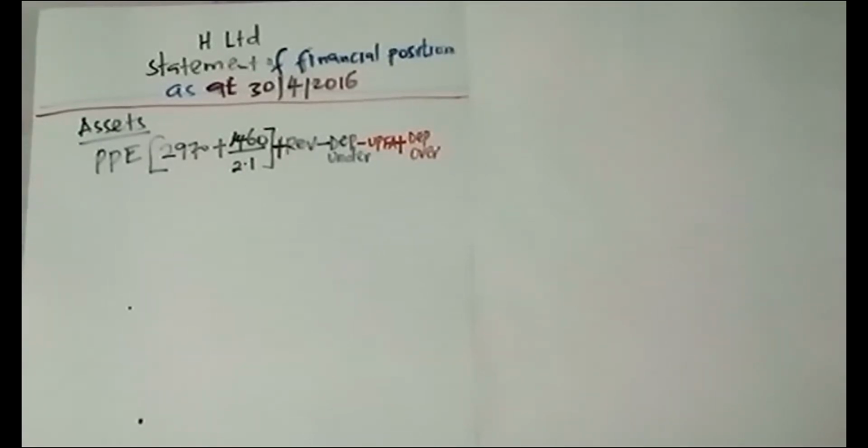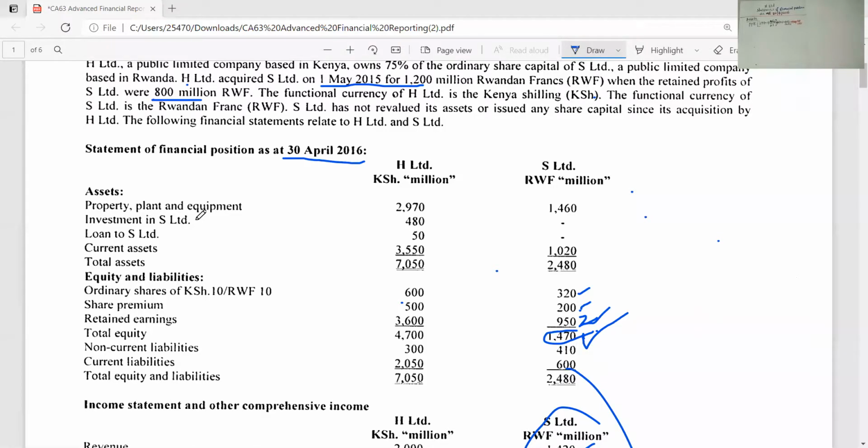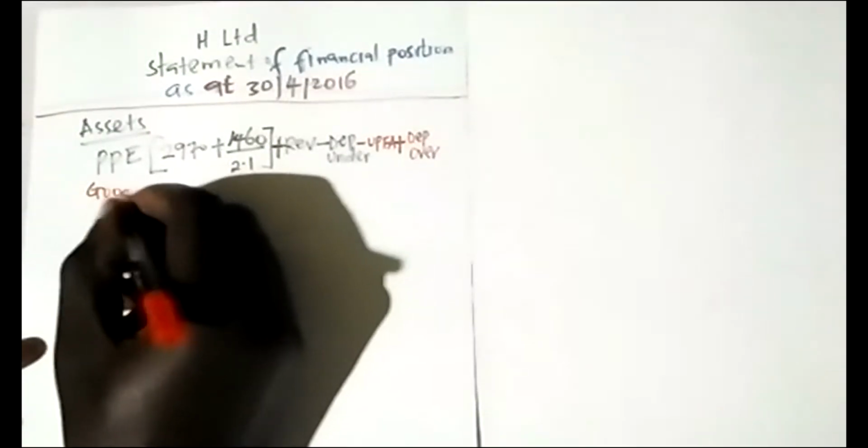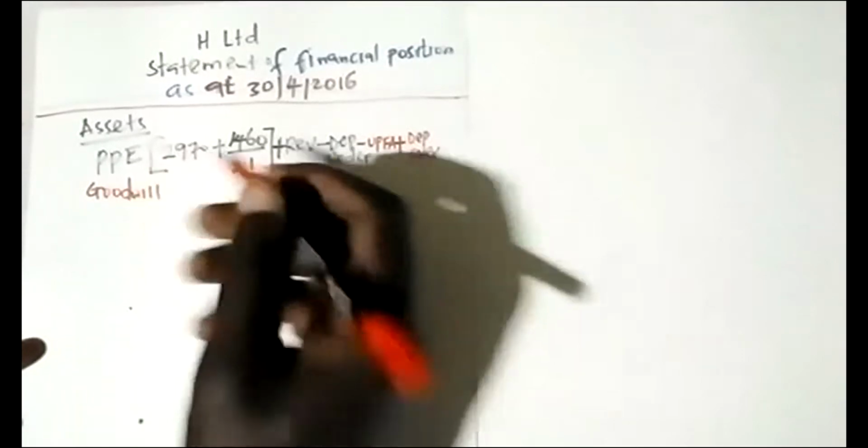So the investment in S, that one you replace it with goodwill. When they invested in S, it's like they acquired S. So which means that one you record goodwill.